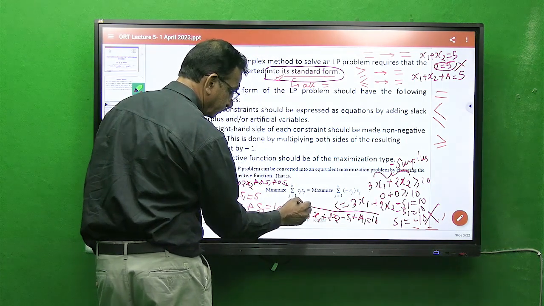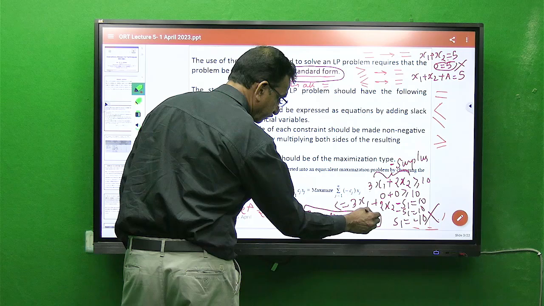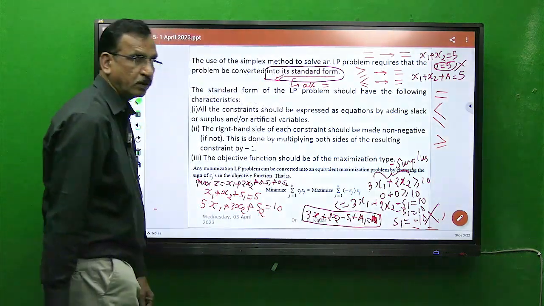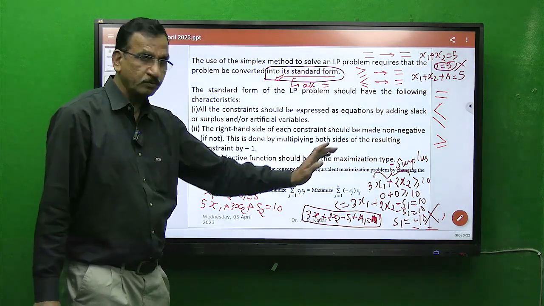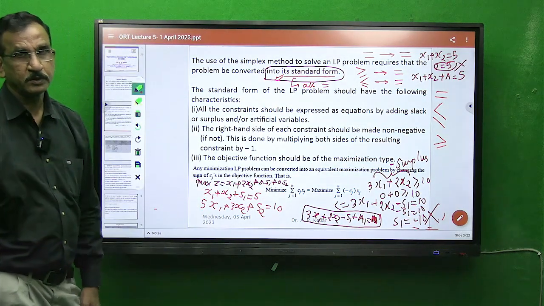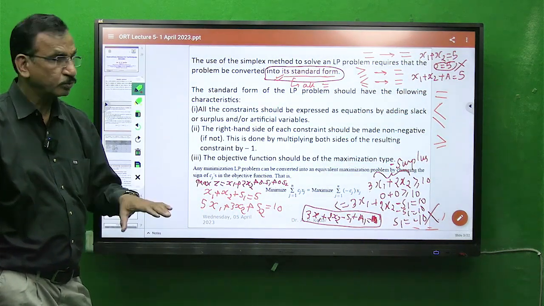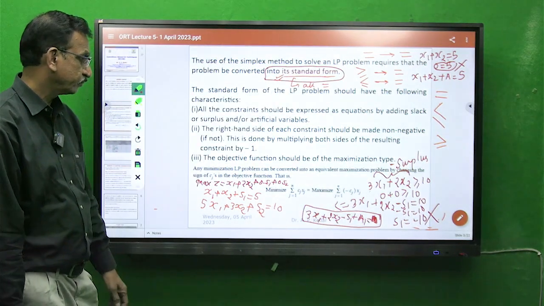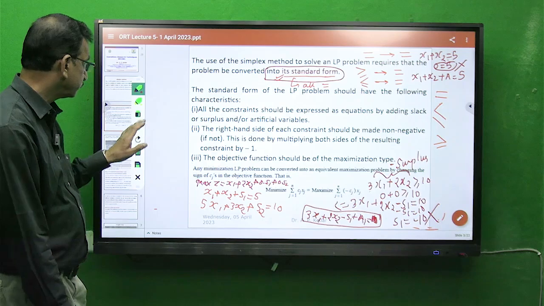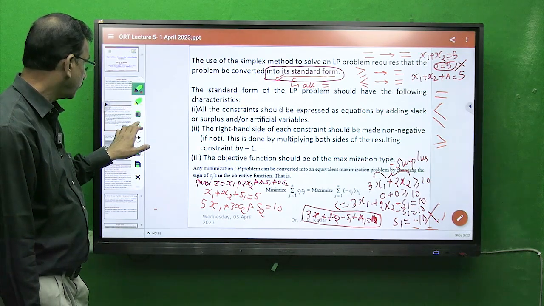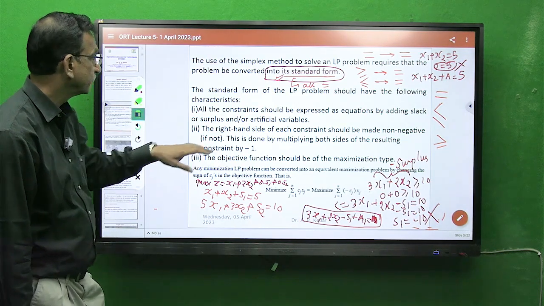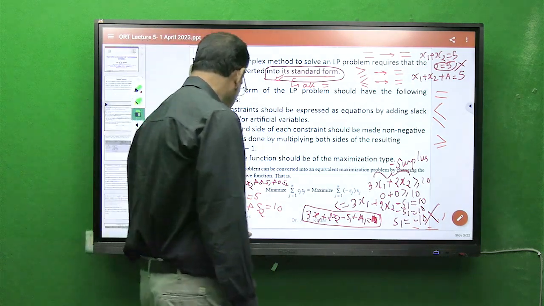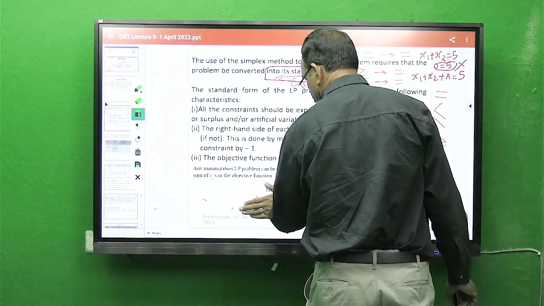Now this is the perfect standard form of the given case. So what we have seen right now is how to convert the given canonical form into standard form. This is one aspect. I took maximum time for this particular case.